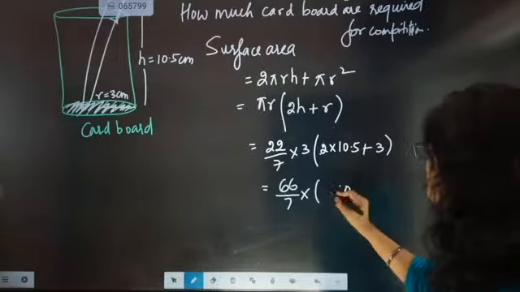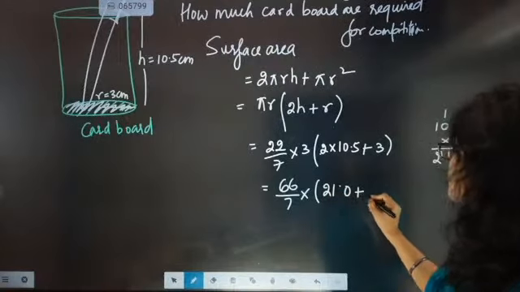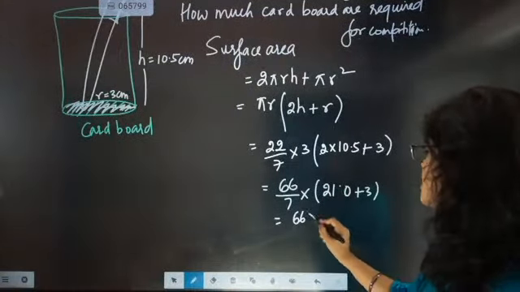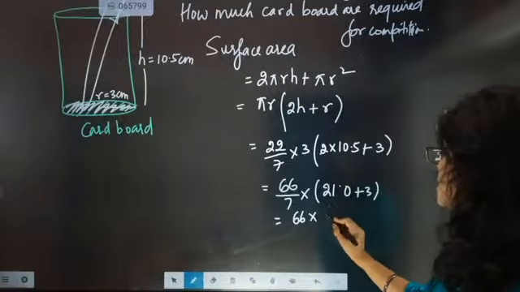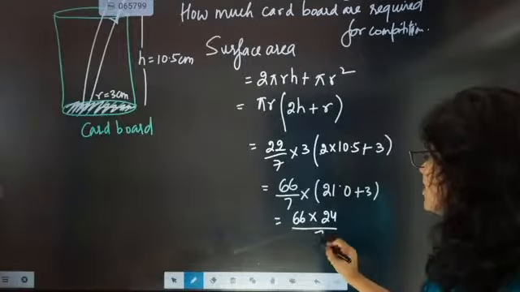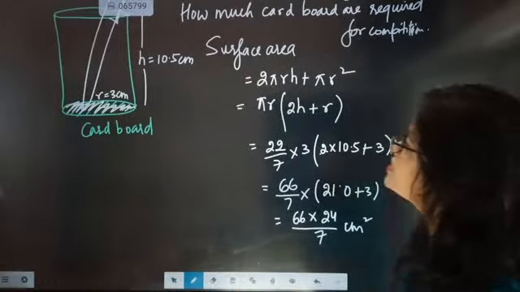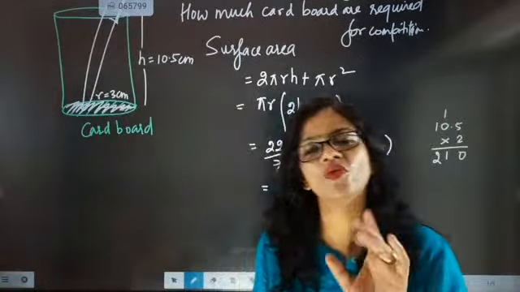So 210 is coming, plus 3. So it is going to come as 66 into 24 by 7 square centimeter. This is the surface area of one cardboard.